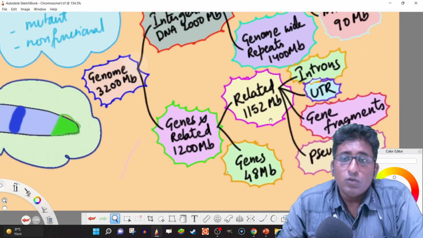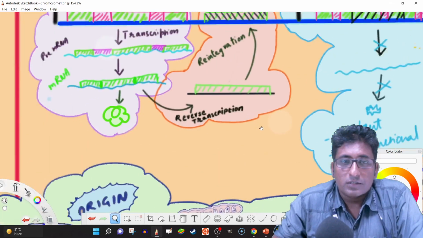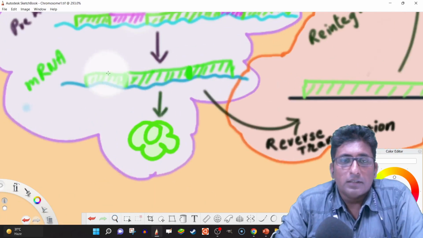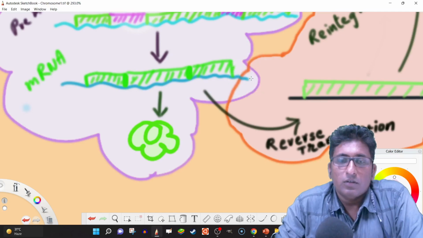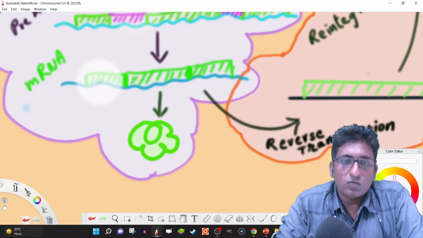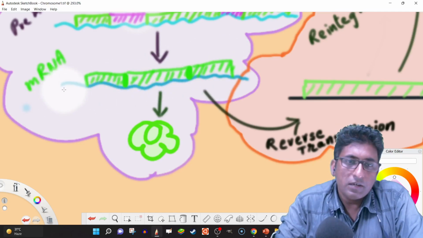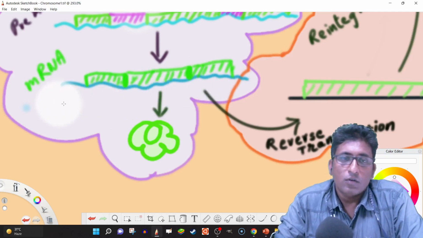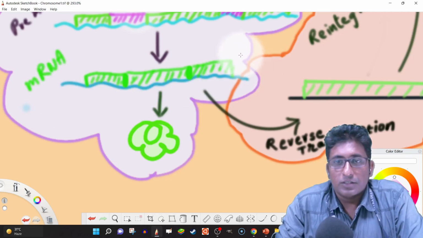Then there is UTR, which stands for untranslated regions. Say in a mature mRNA, we have something like this. We have this region here and this region here. What is translated? Translation would start in this location and end here, start codon and stop codon. The regions here and here are referred to as the untranslated regions, the 5' untranslated region and the 3' untranslated region.